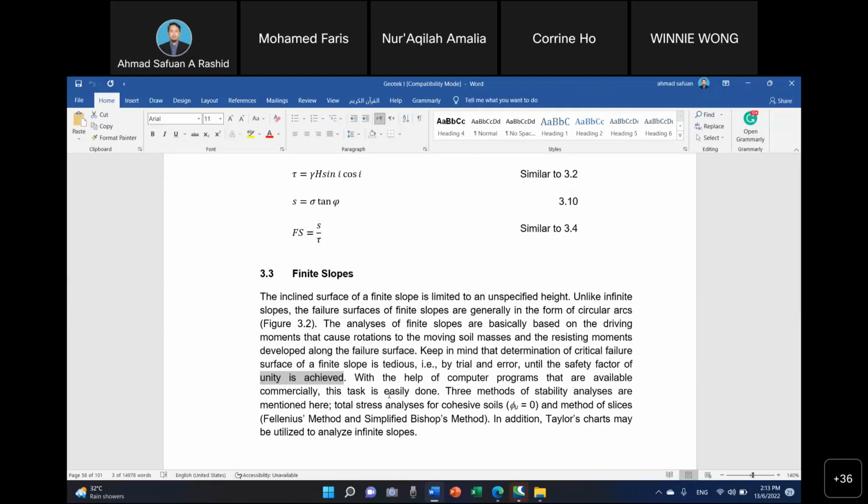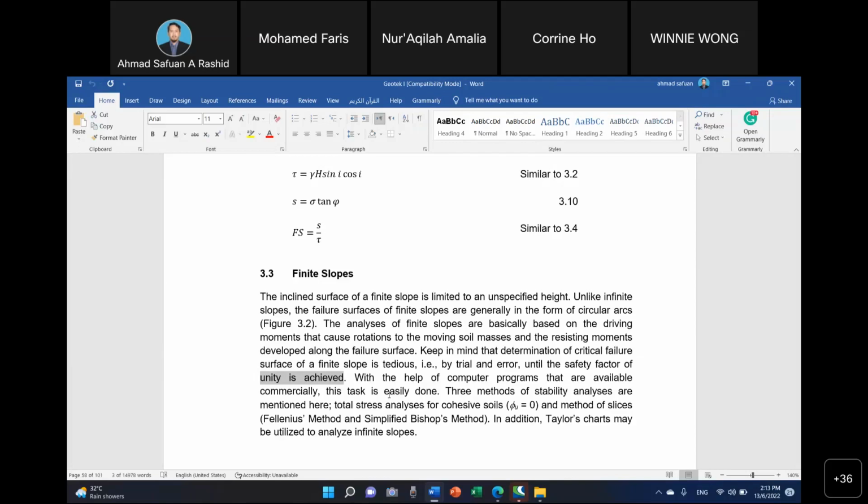Although there is commercial software, you need to understand how the calculation or the analysis is carried out. Because at the end, you can put whatever value inside the software, and definitely the software will provide an answer.